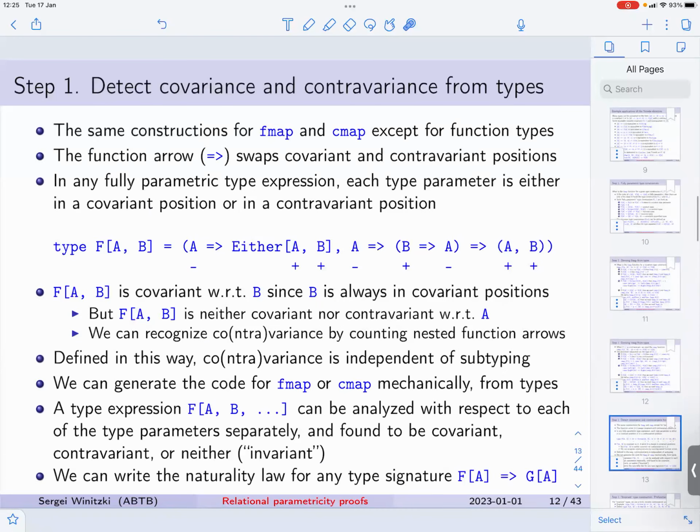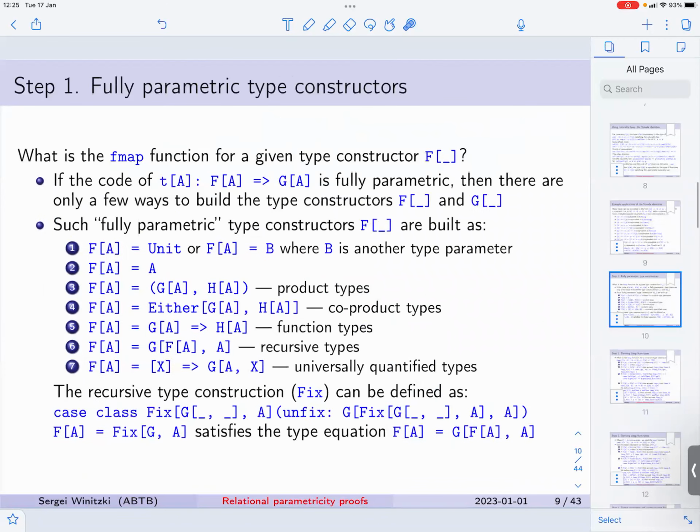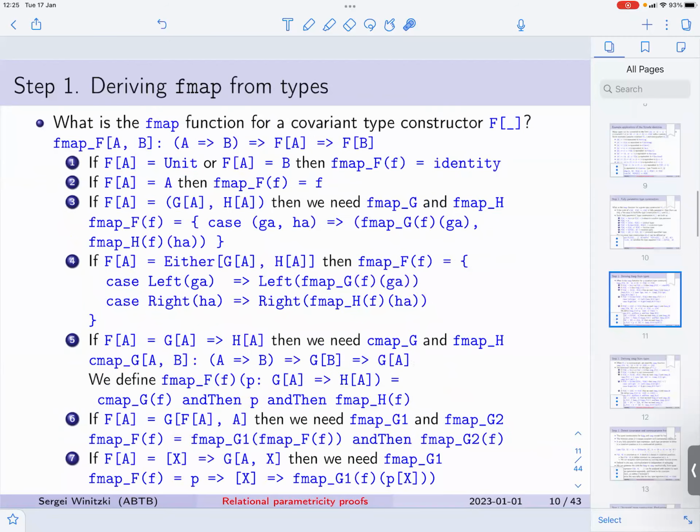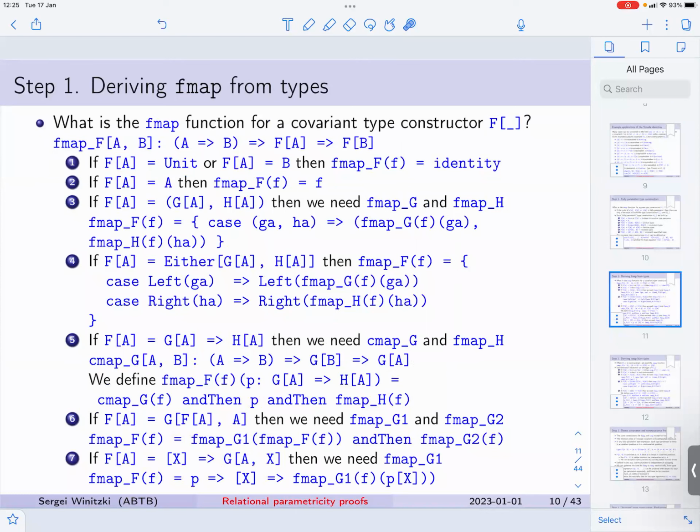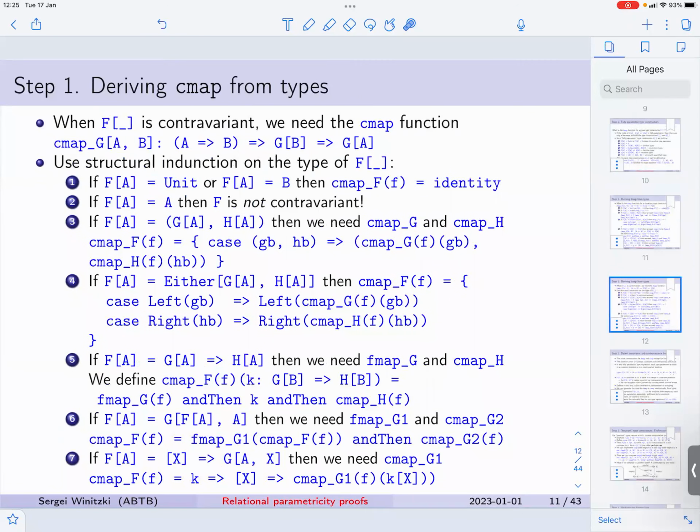in the definitions of, sorry, not the right slide. In the definitions of fmap and cmap, what we have seen is that all the code that is generated for fmap and cmap is always fully parametric. So we can actually generate this code mechanically by looking at the type of the type constructor. We can generate mechanically this structural induction.